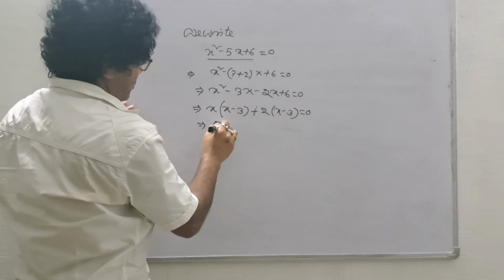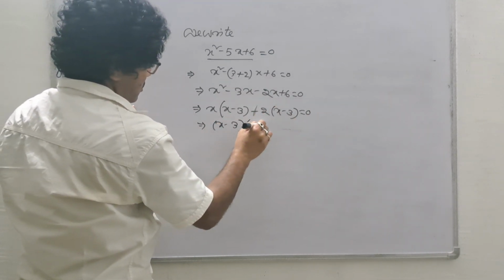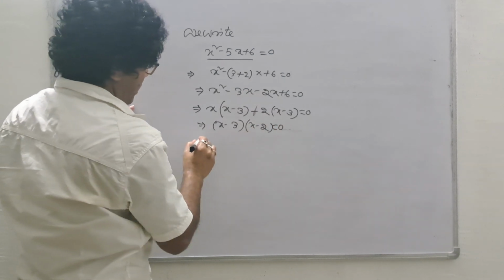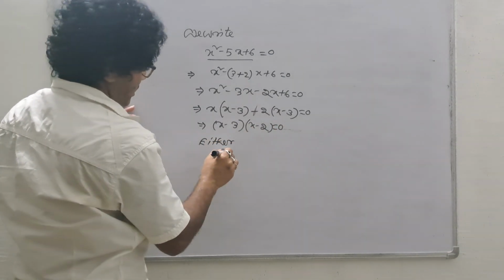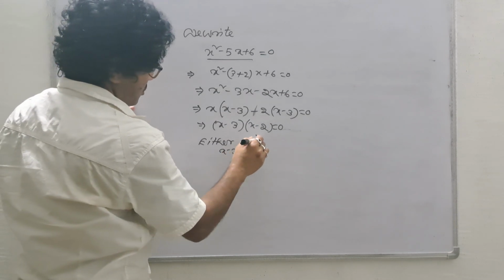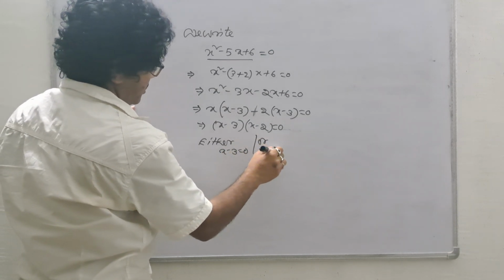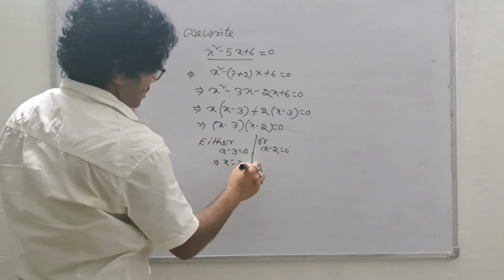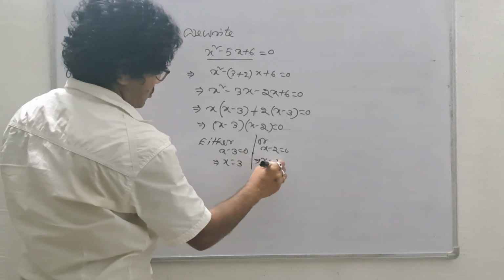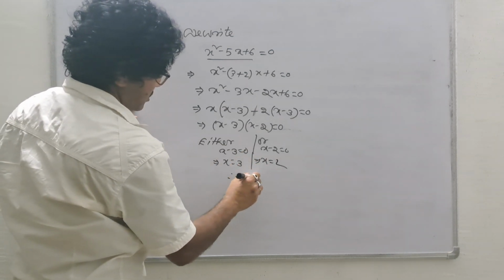So you take common factors. So what are you getting? Either x minus 3 is equal to 0 or x minus 2 is equal to 0. That is, x is equal to 3, x is equal to 2. That is, the x values you are getting are 3 and 2.